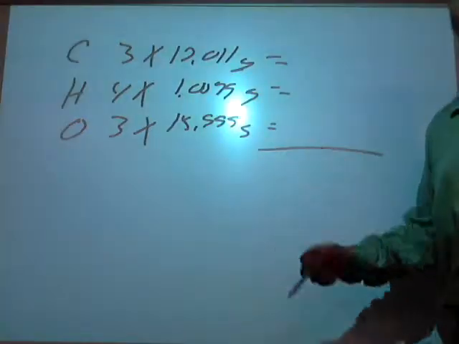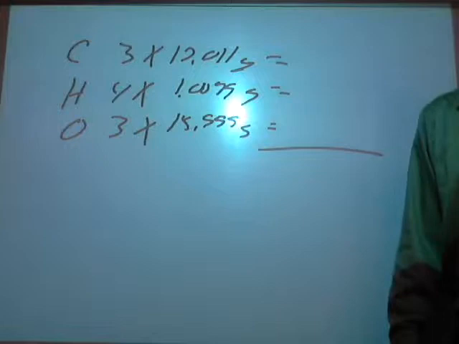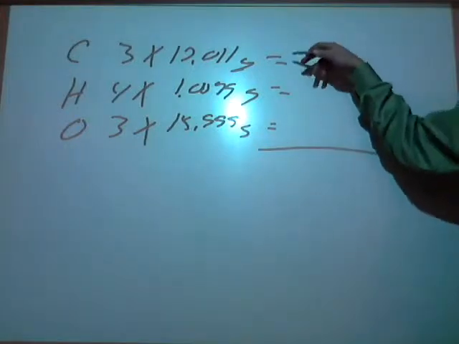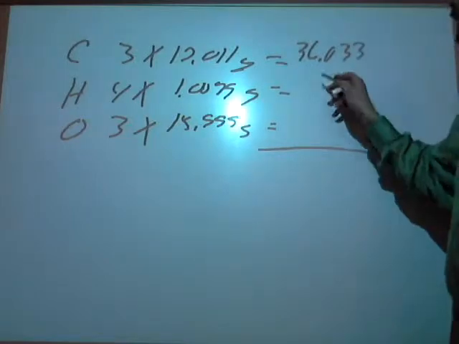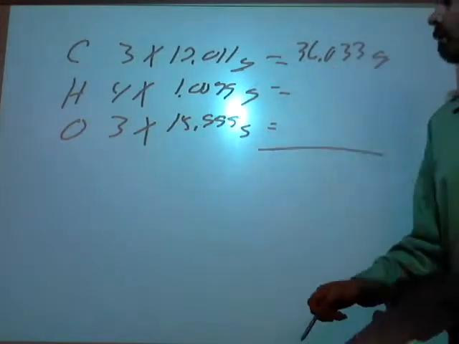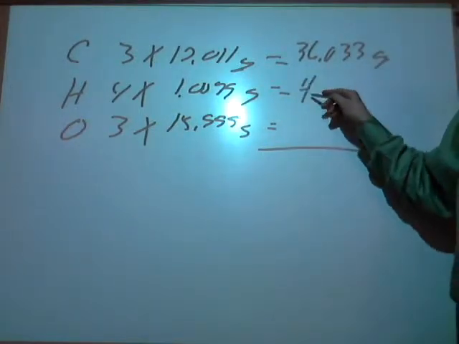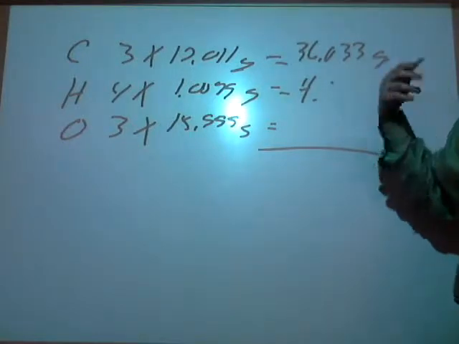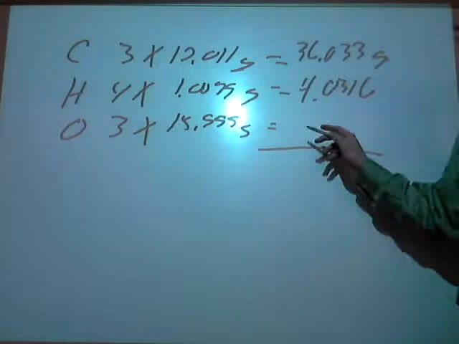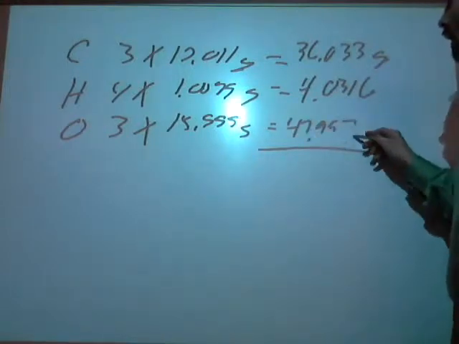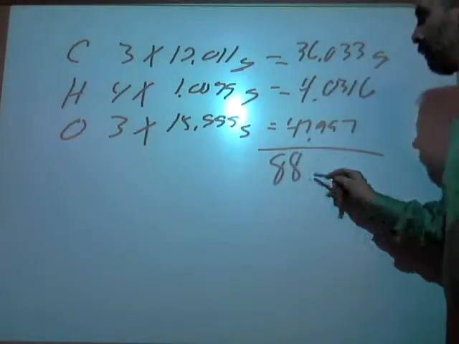Anybody get the first number, give it to me. Well, I know that one. That's actually 36.033. Right, that's easy. What's the next one? 4.0316. And the last one? 47.997. All right. Add them all up, you get 88 point what?